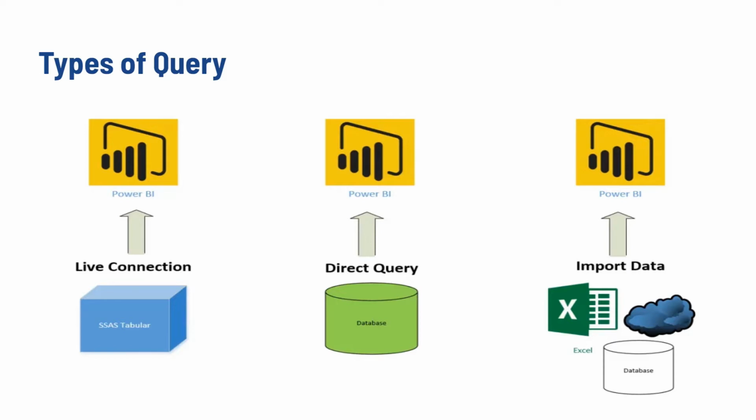However, it is different from direct query. Live connection is only supported for these datasets. First, SQL Server Analysis Services Tabular. Second, SQL Server Analysis Services Multidimensional. And lastly, Power BI Service.